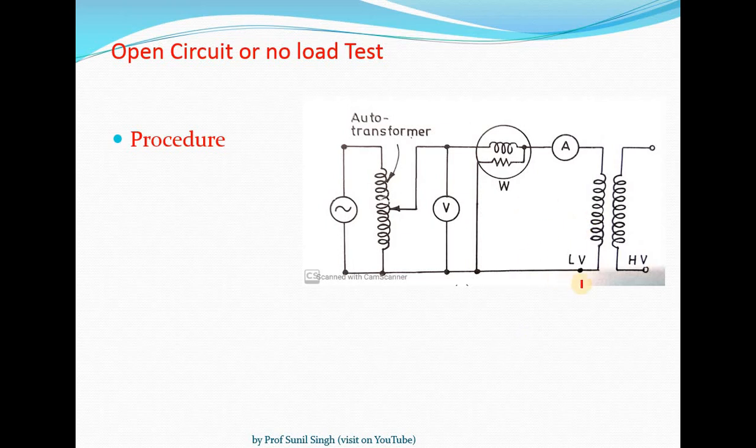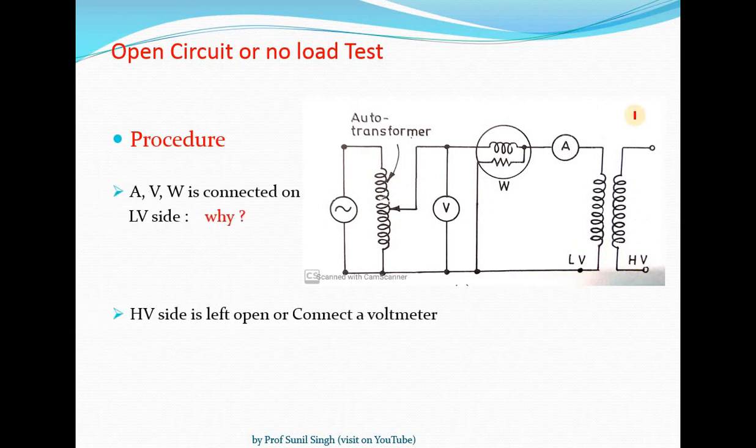That's why this test is performed on the low voltage side. To perform it, the circuit is connected where the auto transformer is connected to the voltage source, then wattmeter and ammeter in series are connected with the lower voltage winding, and the higher voltage winding is kept open circuited.